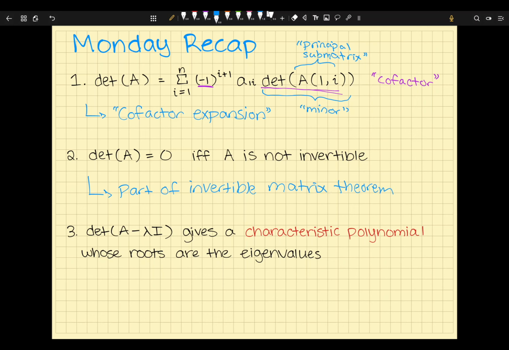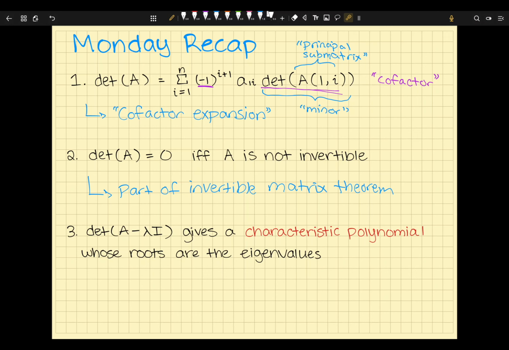All right, and then lastly, on Monday, now that we have the determinant in hand, what it gives us is a way to compute eigenvalues. Because if you take the determinant of A minus lambda I, you get what's called a characteristic polynomial, and the roots of this polynomial are the eigenvalues of the matrix A. So this is two reasons that we like the determinant. It tells us if a matrix is invertible, and it gives us a way to compute eigenvalues.